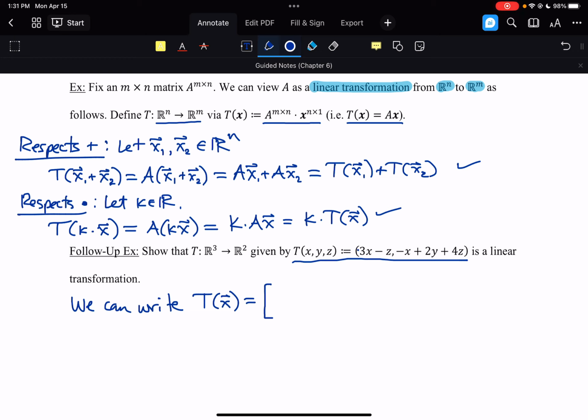with the first row here having 3, 0, -1, right? That's x, y, z right there. Second row, -1, 2, 4, times the vector x, y, z. Right, where this vector here, that's our vector x.